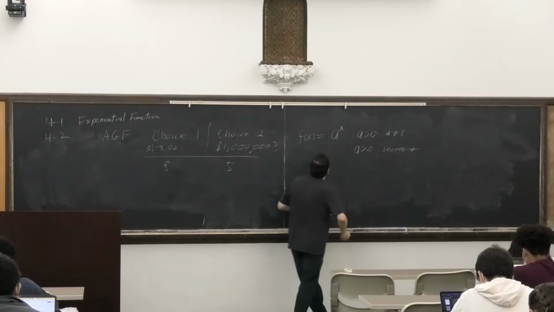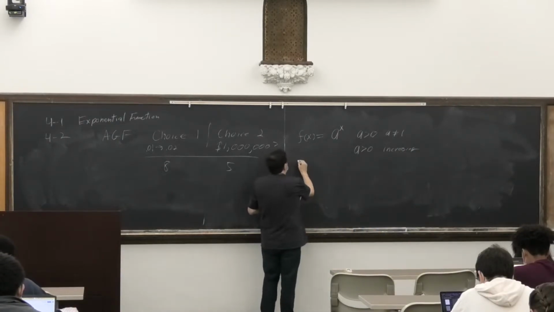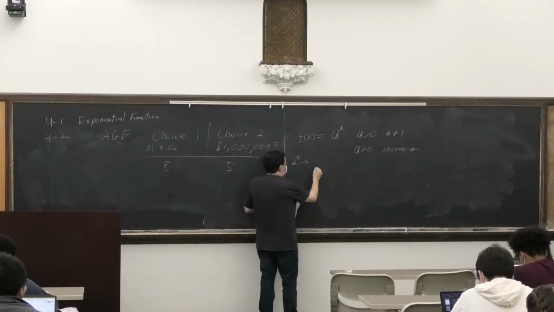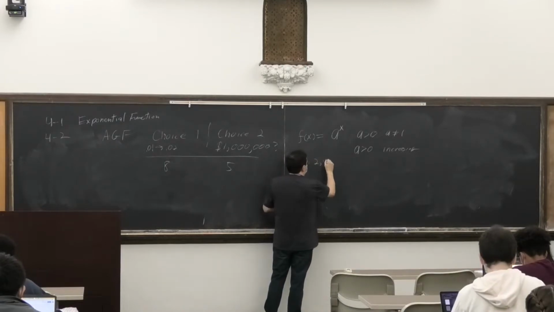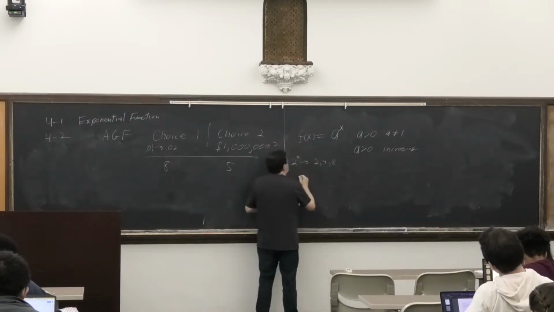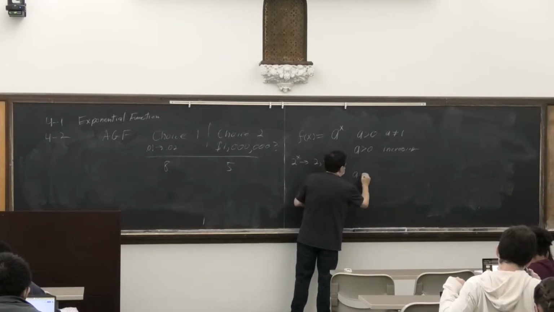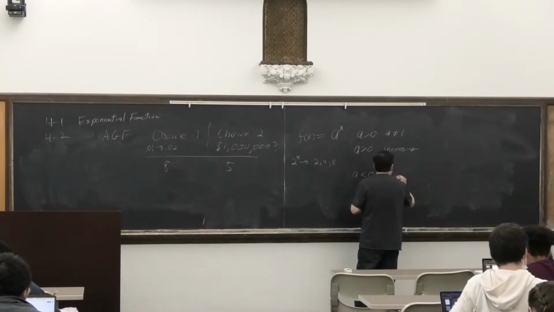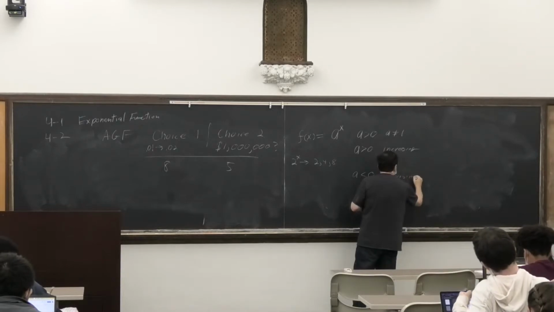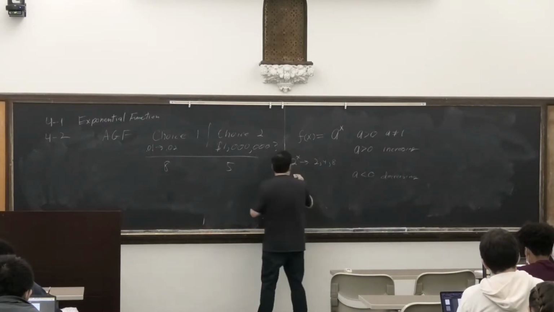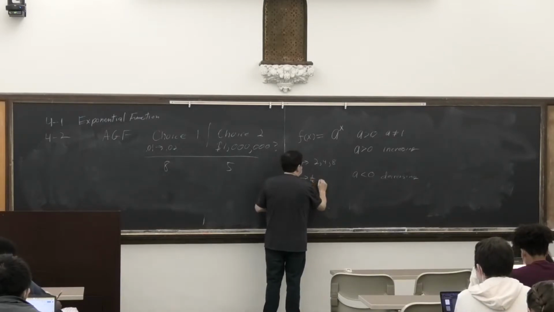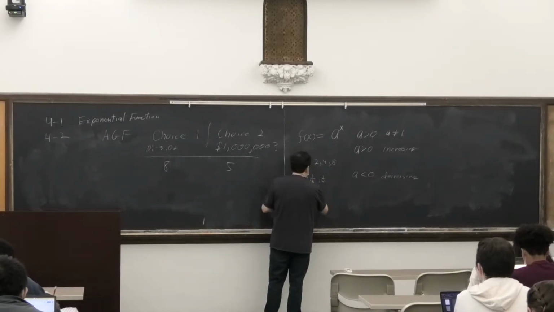Well, we saw that. It's 2 to the x, right? As x gets bigger, 2, 4, 8, right? If a is less than 1, it's a decreasing function. We say 1/2 to the x: 1/2, 1/4, 1/8.